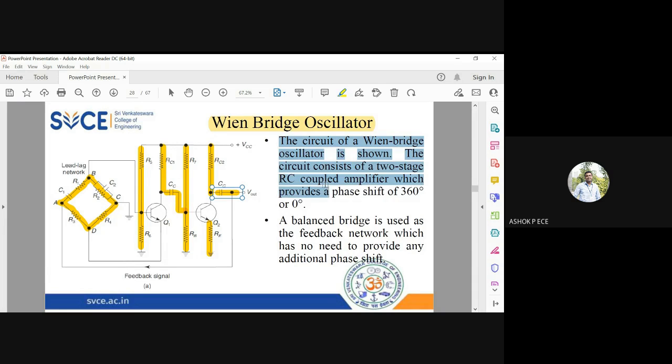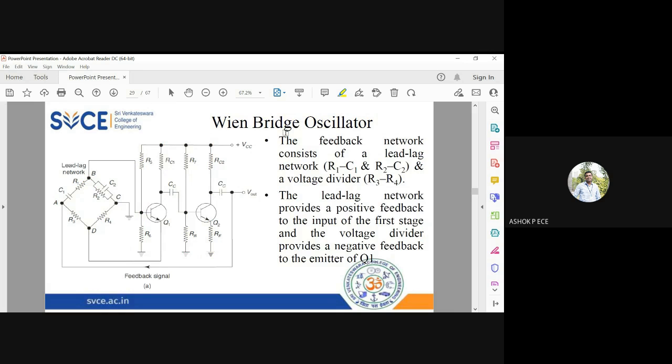Since I'm going to use a two-stage common emitter amplifier, the total phase shift is going to be 360 degrees or 0 degrees. So one condition is satisfied. And I'm going to take a balanced bridge. The balanced bridge means it is going to have zero phase shift, so it is not going to provide any additional phase shift to my network. The network consists of a lead lag network.